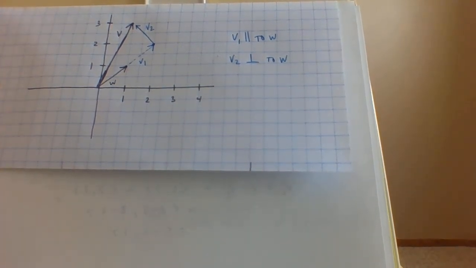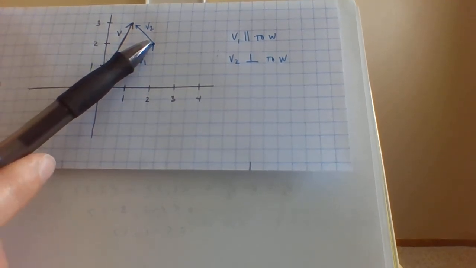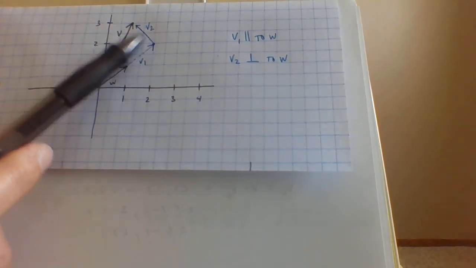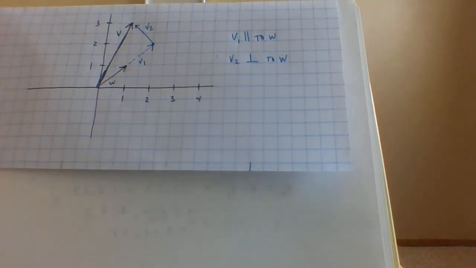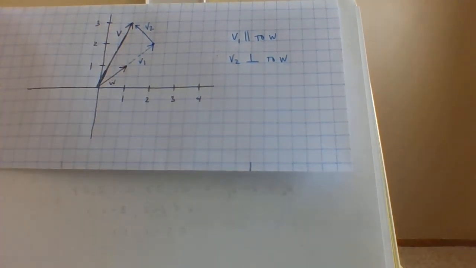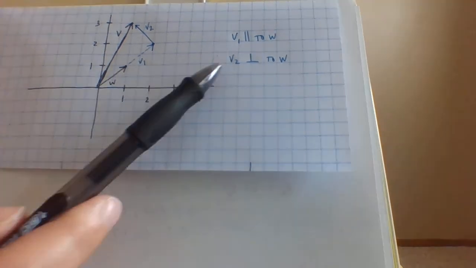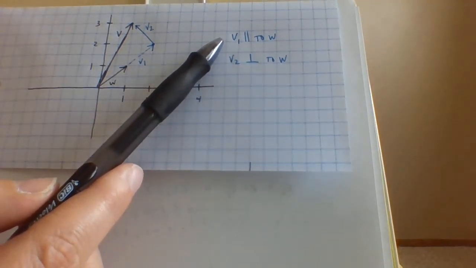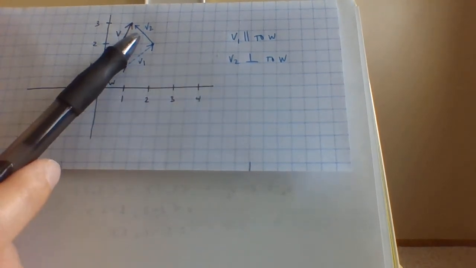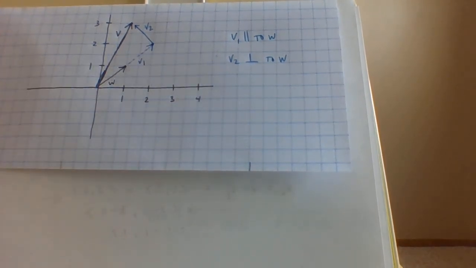I'm going to draw this tip to tail, so it's going to start right here at that value 2, 2, and it goes left a unit, up a unit, so there's my V2 vector. Notice that it is perpendicular to vector V1. So just some information here to recall: V1 in this case was parallel to W, and V2 was a vector that was perpendicular to W.